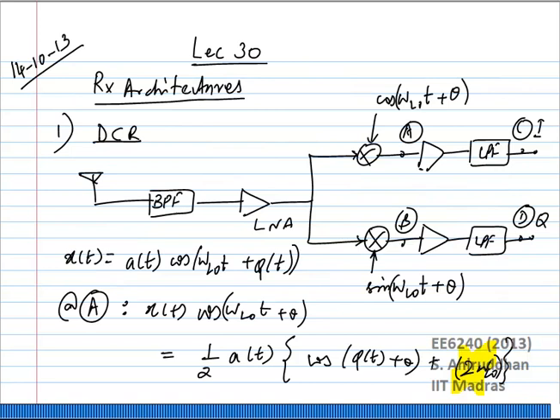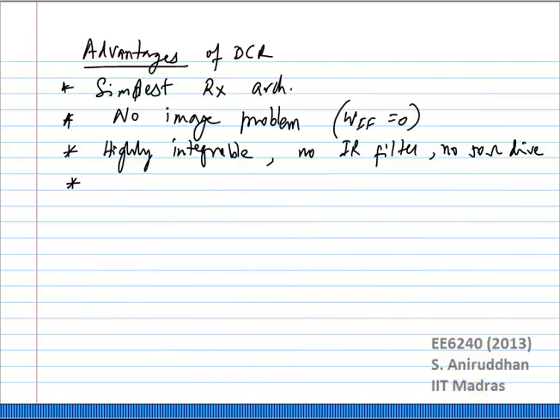Or what kind of post processing do you need? The components you get at the output are the desired frequency, the baseband signal, and the second harmonic. Second harmonic is going to be very far away. Filtering is very easy. Okay, filtering is quite easy.